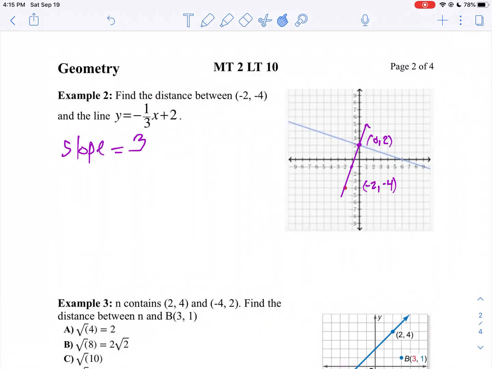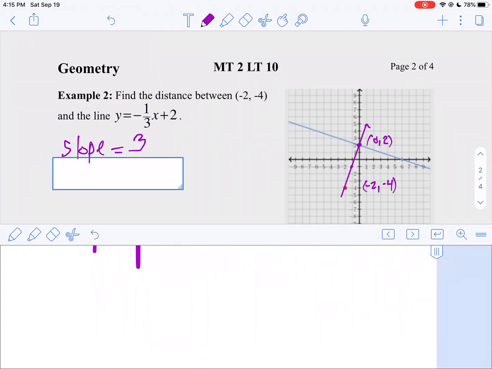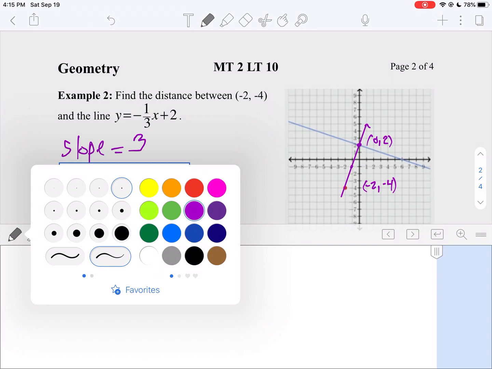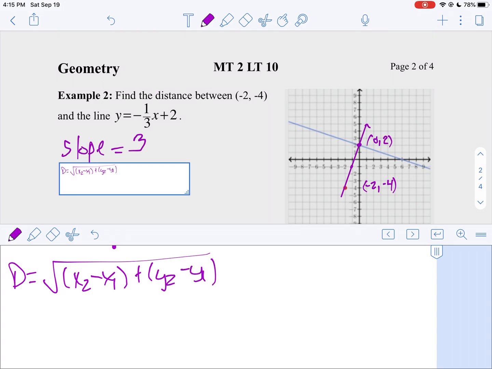So we're going to use our distance formula now. We know distance is the square root of x2 minus x1 squared plus y2 minus y1 squared. Let's go ahead and do that.